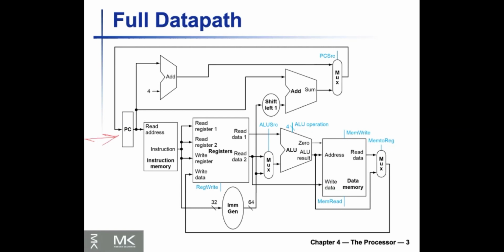This address is either going to be incremented by 4, PC plus 4, to continue fetching the next line, or you're going to head into a branch, and the new address will be posted back here. So you're going to have either of those, and we gradually completed this data path with multiplexers and a control unit and so on and so forth, right?